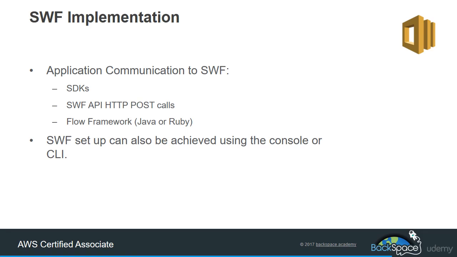And we also have a flow framework, which is available for Java or Ruby, which also has a number of features that simplify creating communication paths to SWF. And SWF can also be set up using the console or the command line interface.